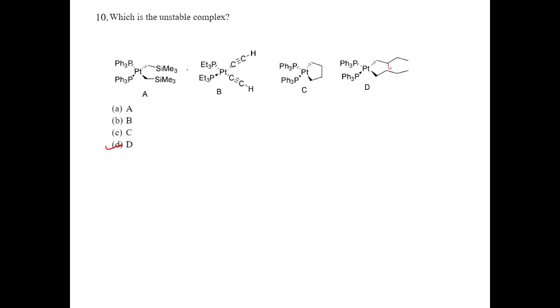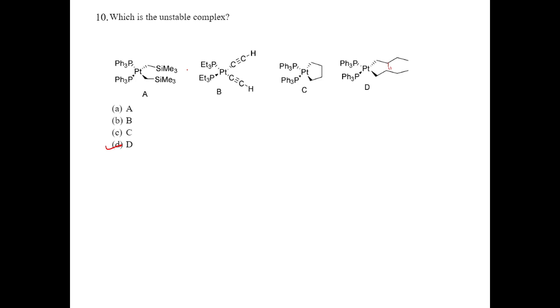So it's a very stable thing and it can happen, right? And if you see the oxidation state of platinum, in each of these cases it is platinum plus 2, right? So it can go to a higher oxidation state.